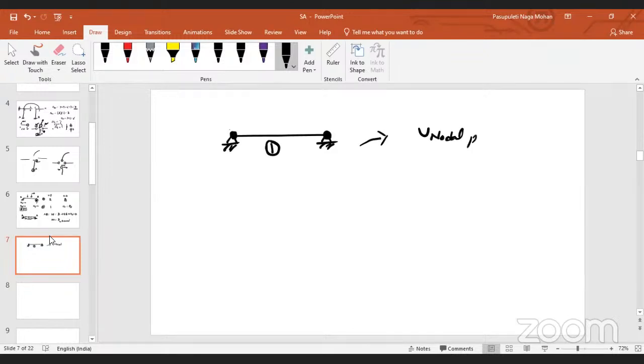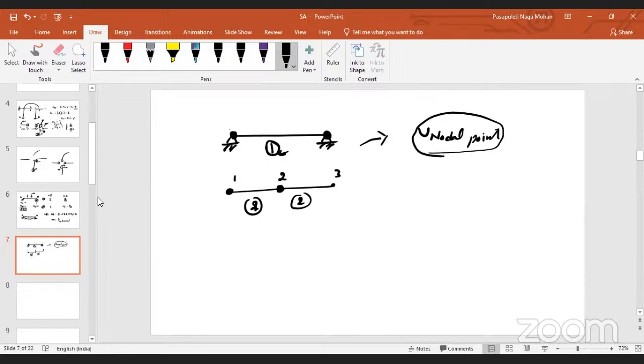If I consider it as one element, there is one nodal point here and one there. If I discretize it into two elements, this is element 1, this is element 2, with a first, second and third nodal point. Depending upon the number of elements you consider, displacements at the corresponding nodal points can be obtained.